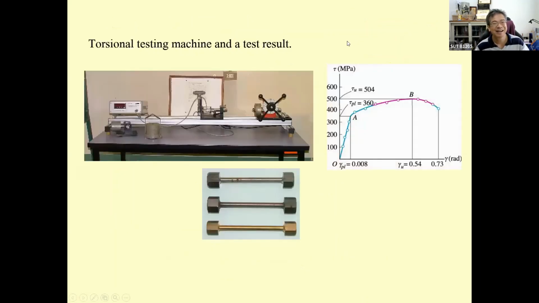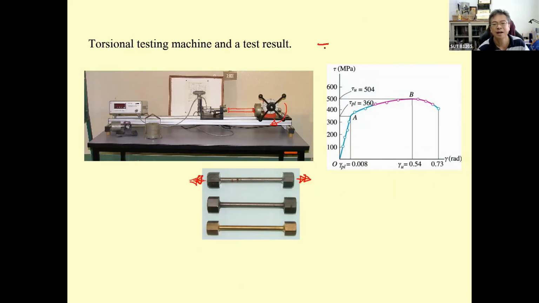And then sometimes we didn't do only the tension test. We did the torsion test. By the torsion test, we put this sample into this machine and we rotate this handle. That's going to produce the torsion applied to this specimen.